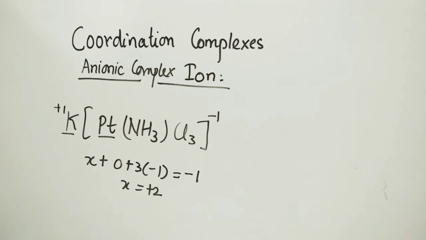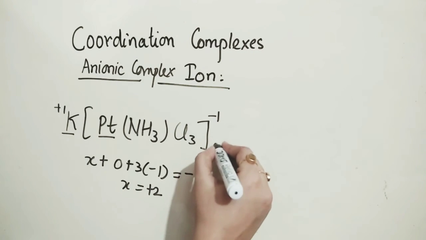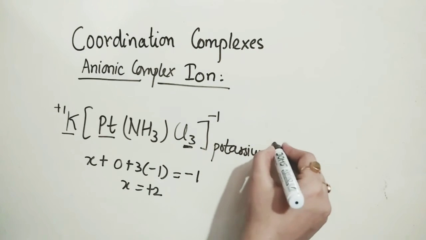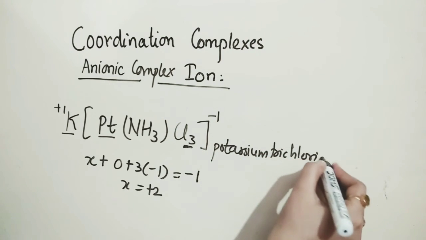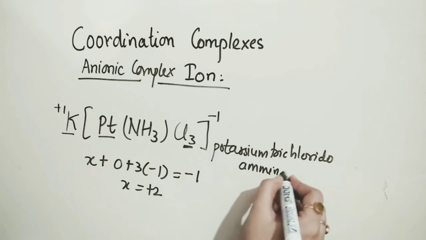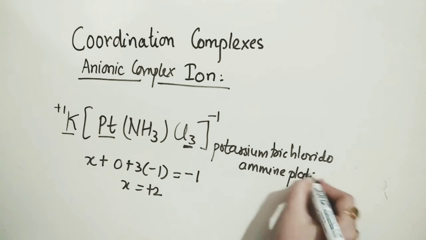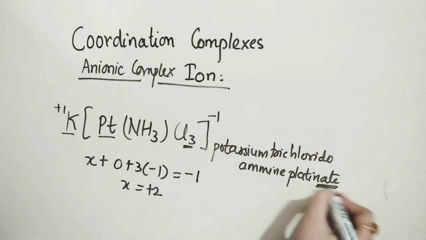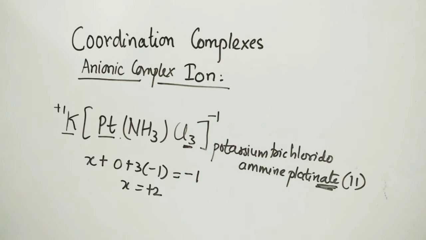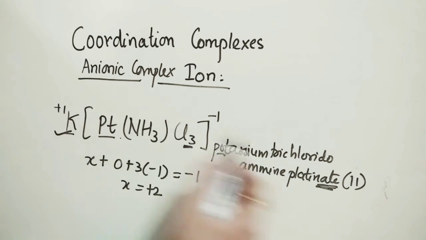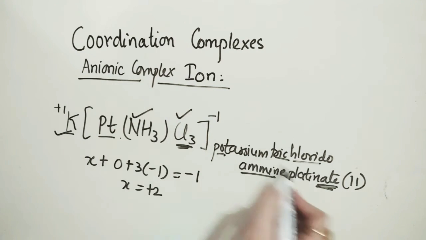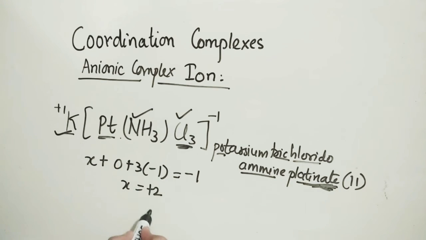Now we will write the name for it, starting from the cation part, that is potassium trichlorido, in continuation amine platinate. Instead of platinum, platinate, oxidation state 2. So it is potassium trichlorido amine platinate(II).